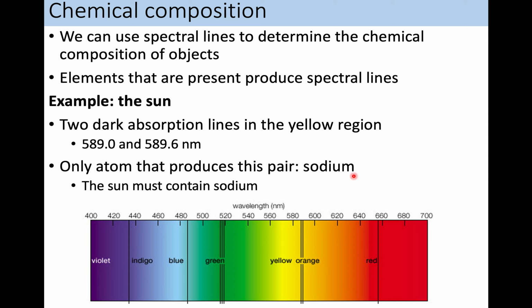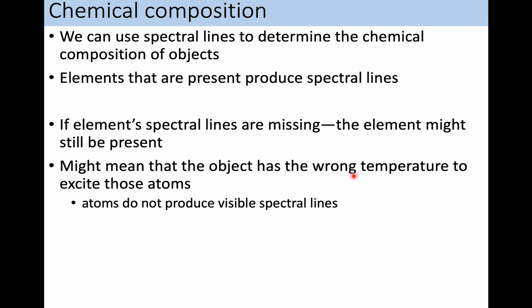So this is a really great way of looking at which elements are in the star, in the atmosphere of that star, but it doesn't exactly work in the opposite direction. So if you see that a specific element's spectral lines are missing, it doesn't necessarily mean that that element is not present.